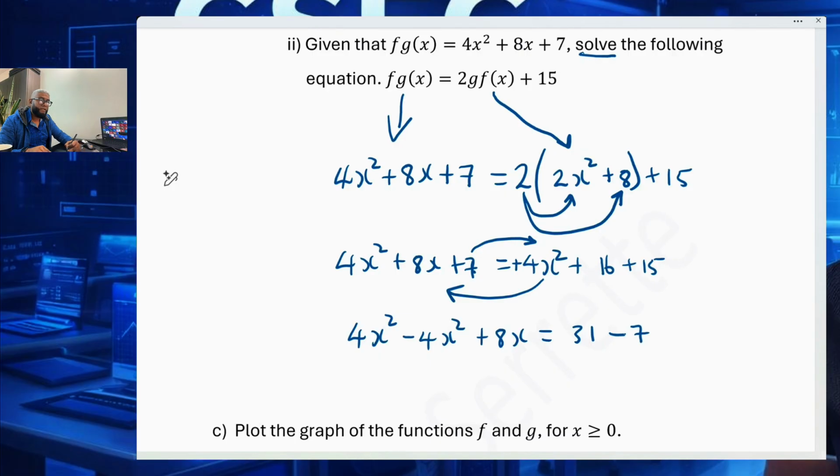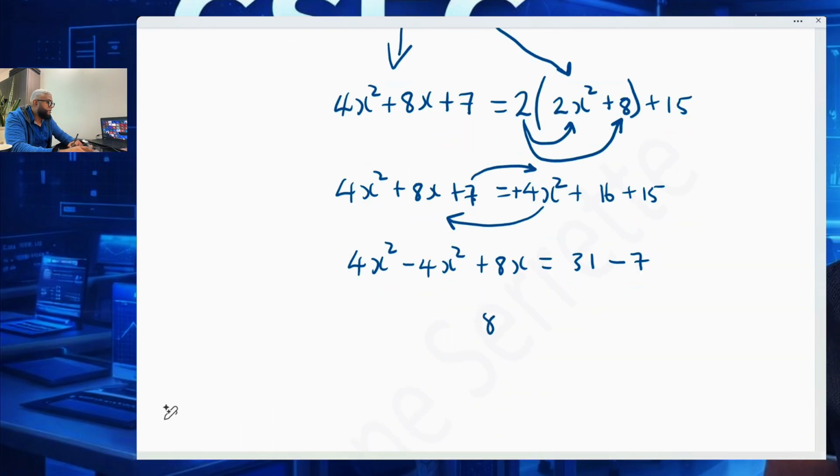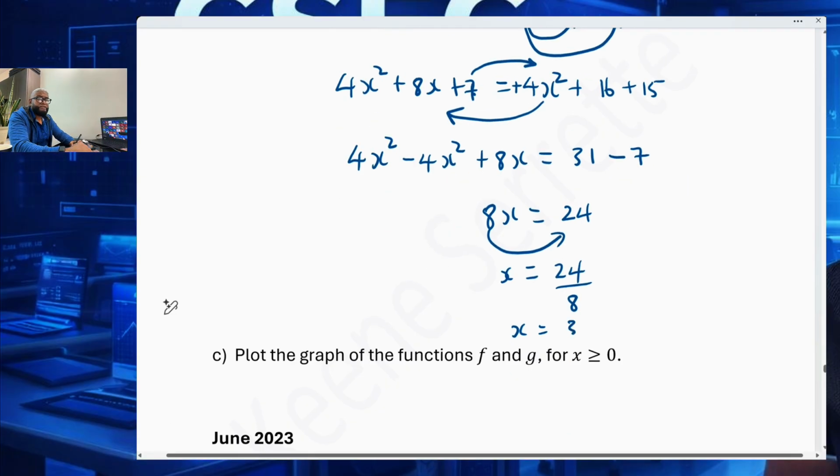Everybody good there? These two things cancel here. You get 0. So this will be 8x is equal to 31 minus 7, which is 24. Carry the 8 here. 24 divided by 8, x is equal to 3. So we basically solved the equation they gave us up here.